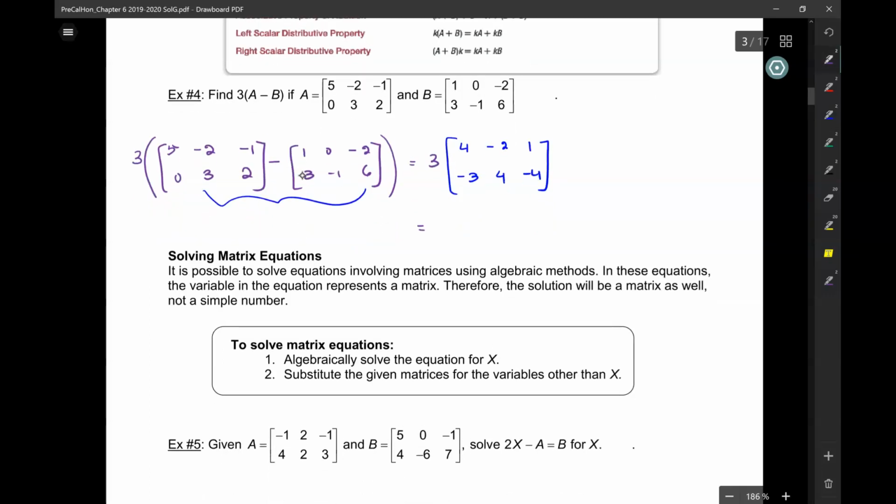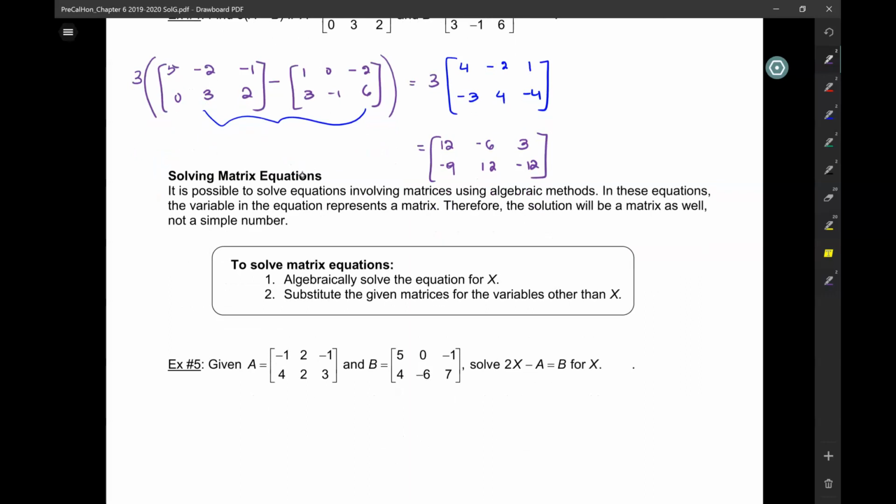Distribute: 12, -6, 3, -9, 12, -12. Fun, right? Okay, it's very straightforward.